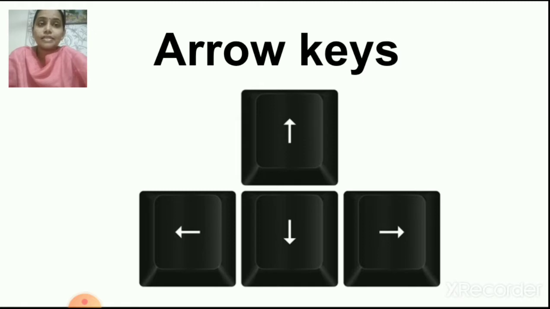Okay, so these are called arrow keys. How many arrow keys are there? 4. Up arrow, down arrow, right arrow and left arrow. You can see up arrow, down arrow, right arrow and left arrow. Okay, we will see now how to use this key.